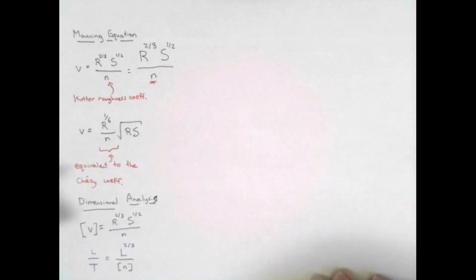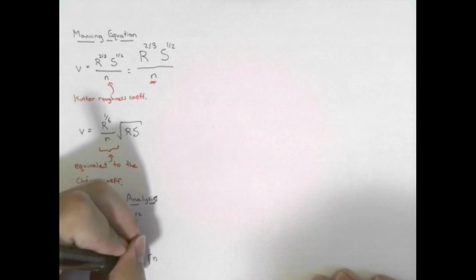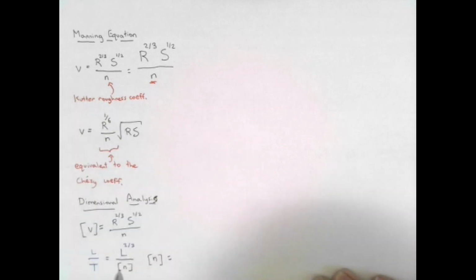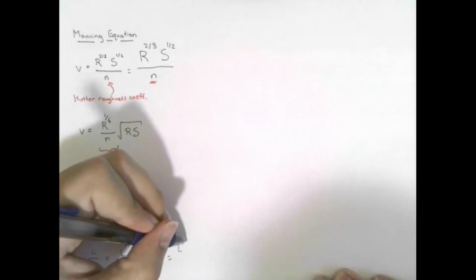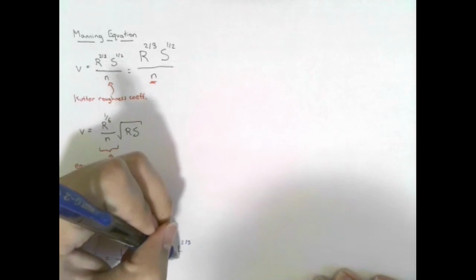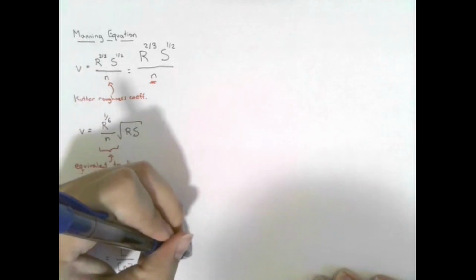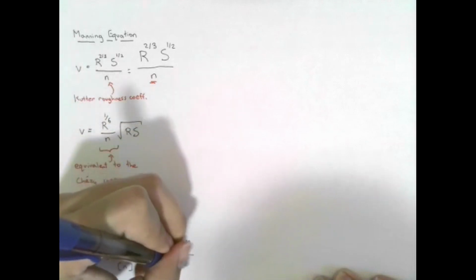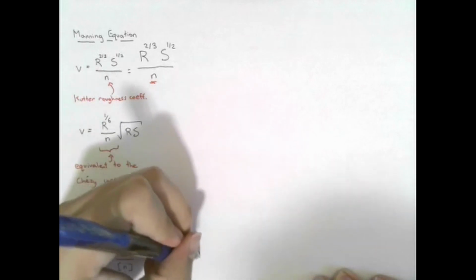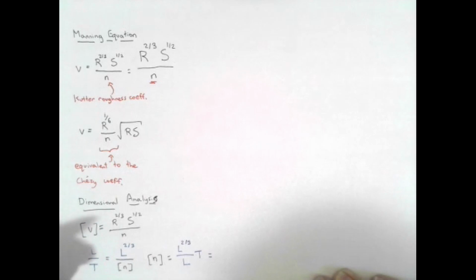So by running this little dimensional analysis, we get that the dimensions of n have to be equal to length to the 2/3 divided by length and then multiplied by time. Length to the 2/3 divided by a length would just give me 1 over length to the 1/3, right?